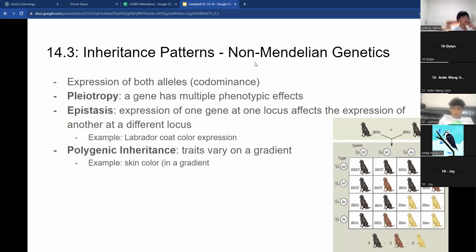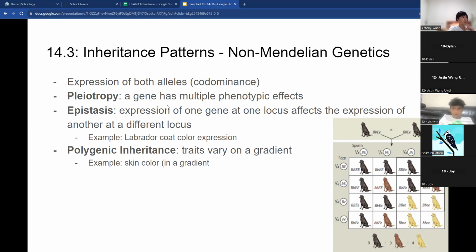Back to this. There are non-Mendelian genetics. These are more examples of how the Mendelian rule of two different alleles, one dominant over the other, is not always true. One example is pleiotropy, where a gene has multiple phenotypic effects.